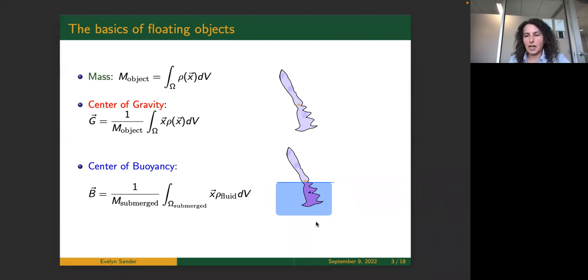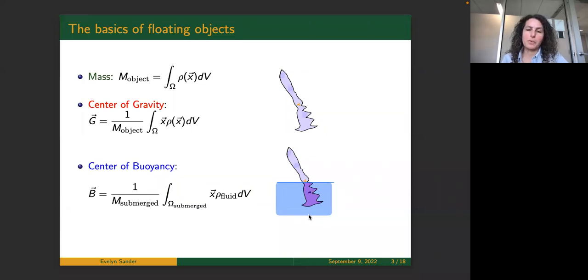But in order to calculate exactly how it would do so, one of the things we need to do is calculate what's called the center of buoyancy. Here, this dark purple region is the region of the object that is submerged in the water. You could submerge this object totally or partially, or only a little bit, and you would have a center of buoyancy corresponding to that submerging.